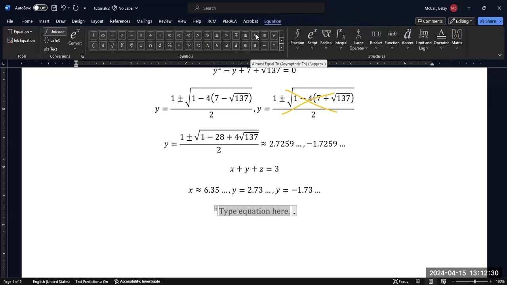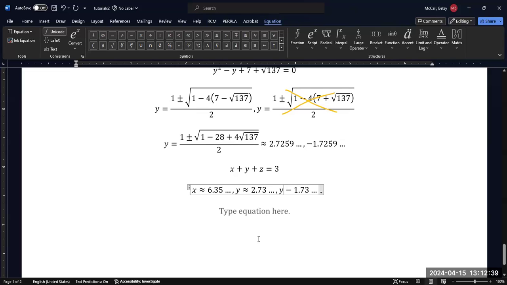Then for the one value for X and the first value for Y, we'll get 6.35 plus 2.73 minus, plus z is equal to 3.